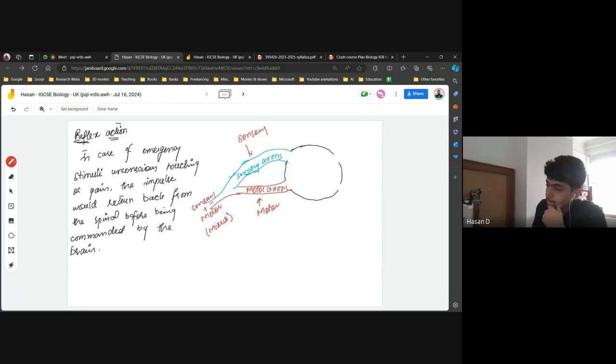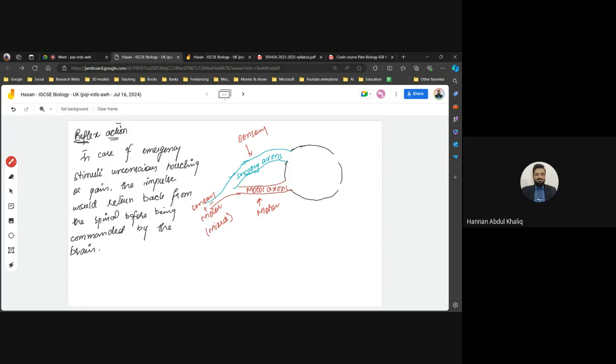Now it means that if it is a sensory nerve, then that sensory nerve basically contains all the axons from the sensory neurons. In a sensory nerve, all the axons from the sensory neurons are found, but in the motor nerves, you will find all the axons from the motor neurons.